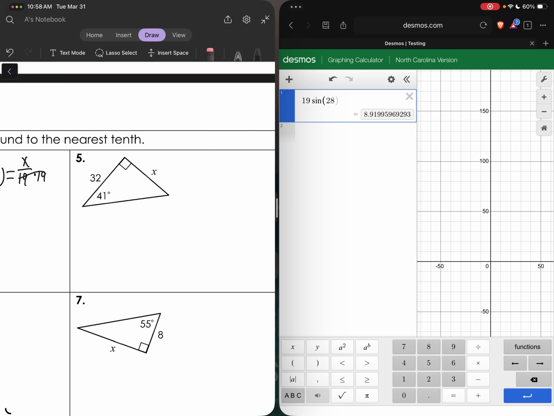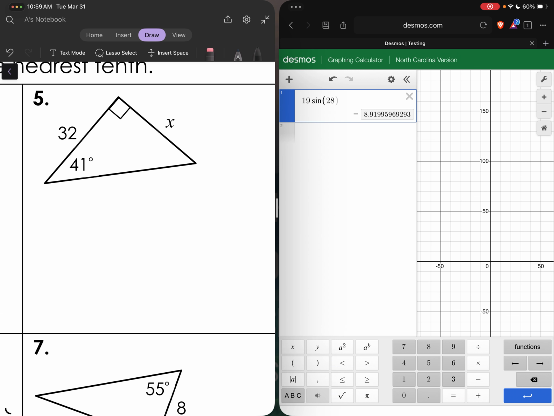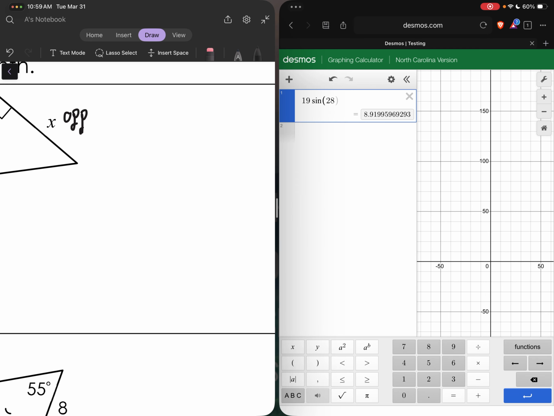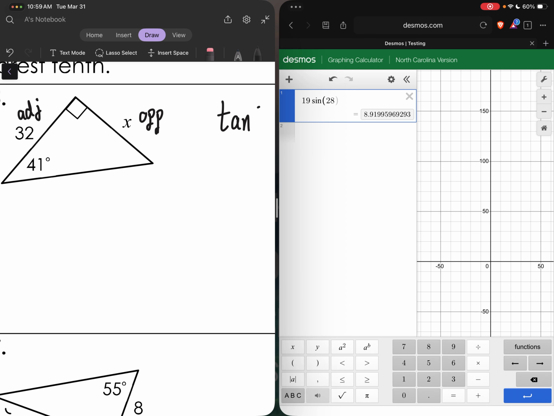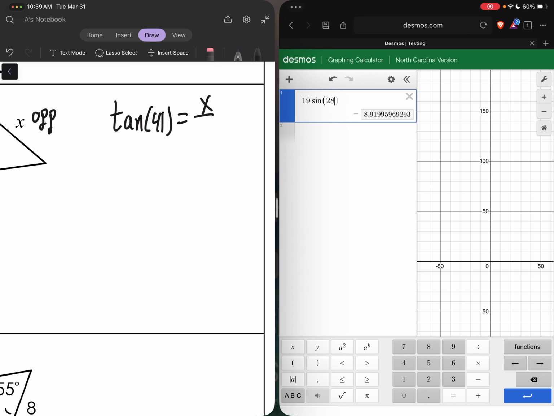Let's look at number 5. From my degree, I have the opposite, I have the adjacent, so the one across from it, the one beside it. This is tangent. Tangent of my degree, 41, equals opposite x over adjacent, 32.